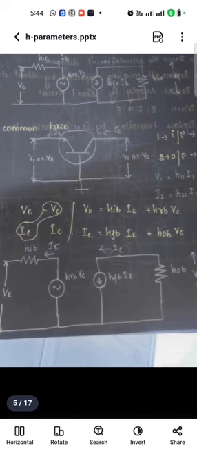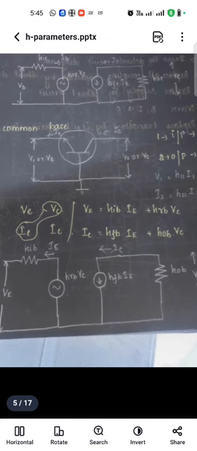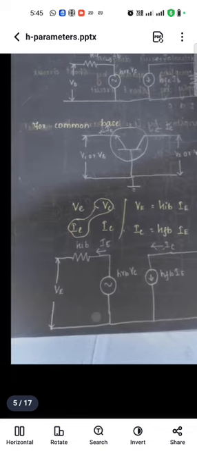Then how will you write the equation? VE is equal to HIB into IE plus HRB into VC, and IC equal to HFB into IE plus HOB into VC. Using the equation, we can easily draw the diagram.